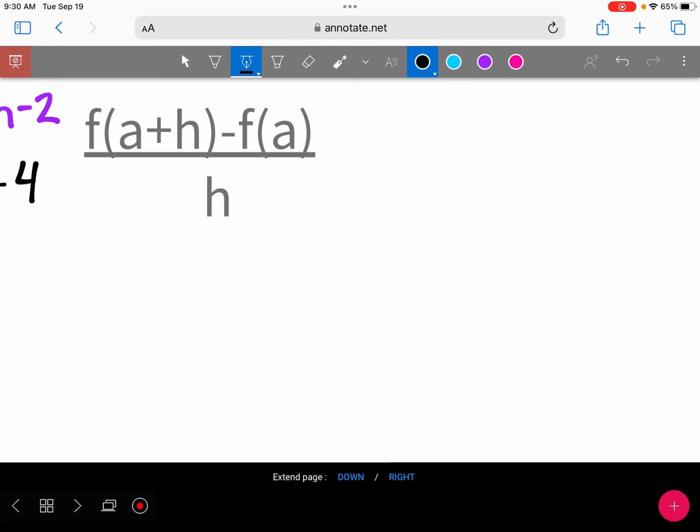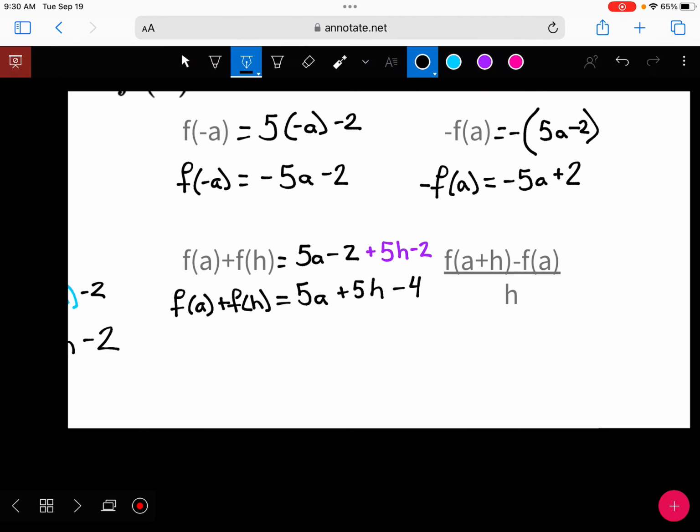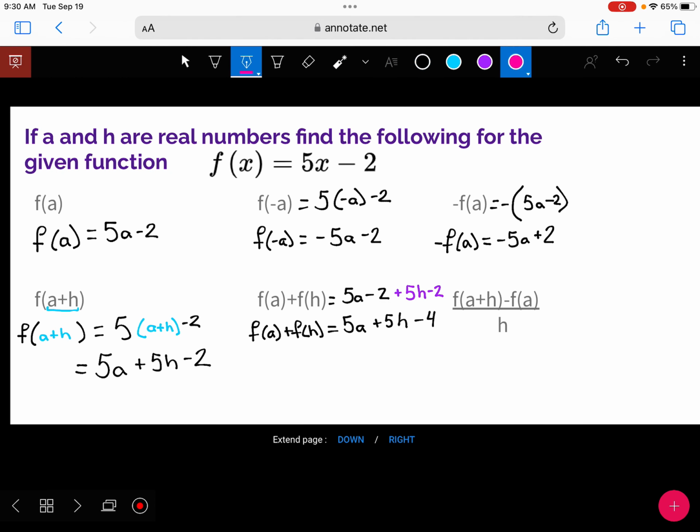Then we're going to do this one. But we've already done some of the pieces on here. f of a plus h, we did that. We already said that was the very left one on the bottom row. 5a plus 5h minus 2. So we're just going to put that in the numerator up here.